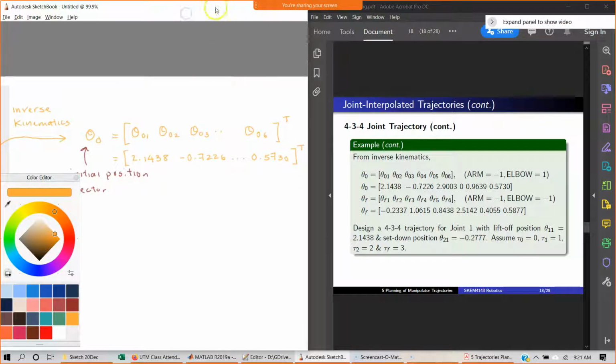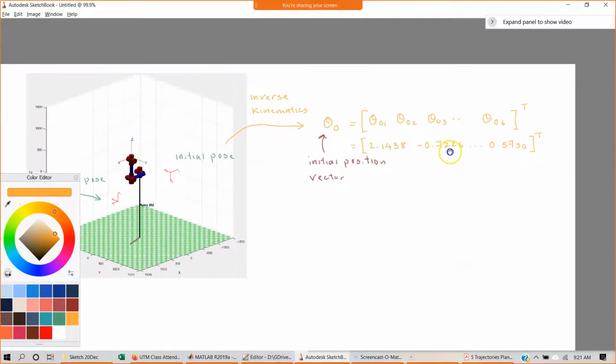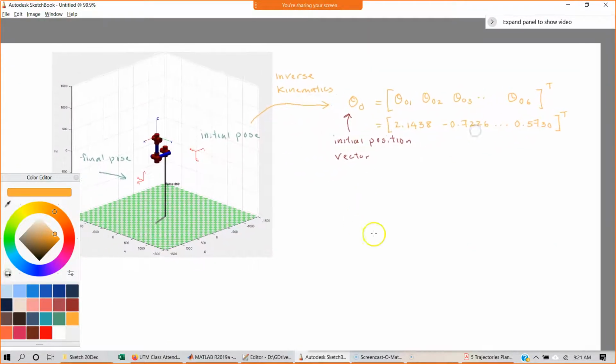So what it means is that when the end effector of the robot arm is aligned with the initial pose, theta 1, the first joint, will be 2.1438 radians, and so on.